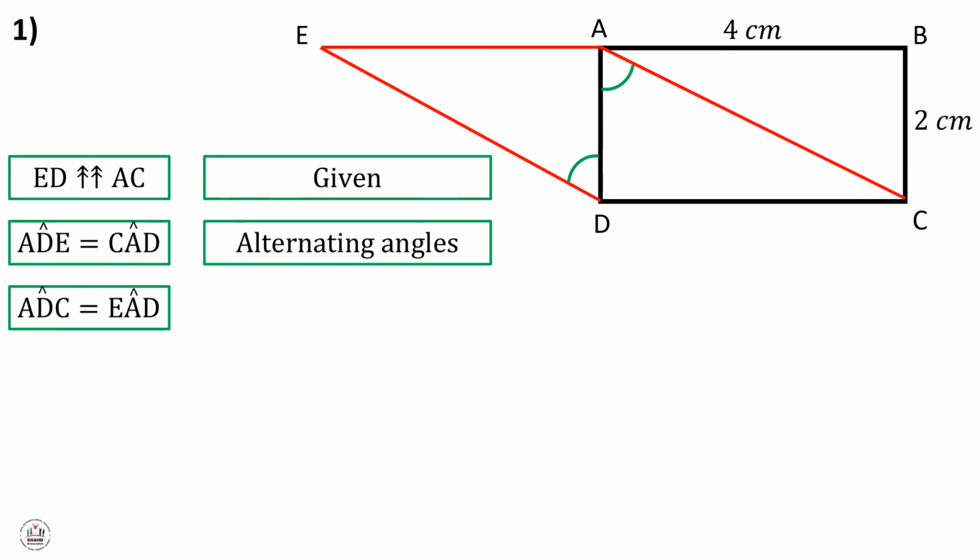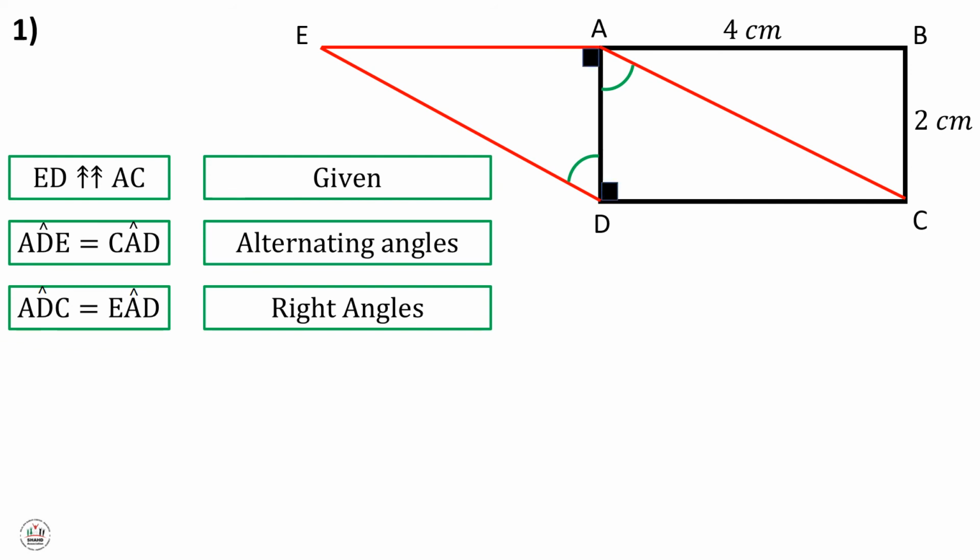Angle ADC equal to angle EAD equal to 90 degrees. They are right angles. We know that ADC is a right angle. It's an angle in a rectangle. And EAD is supplementary with angle BAD. So they are equal angles.